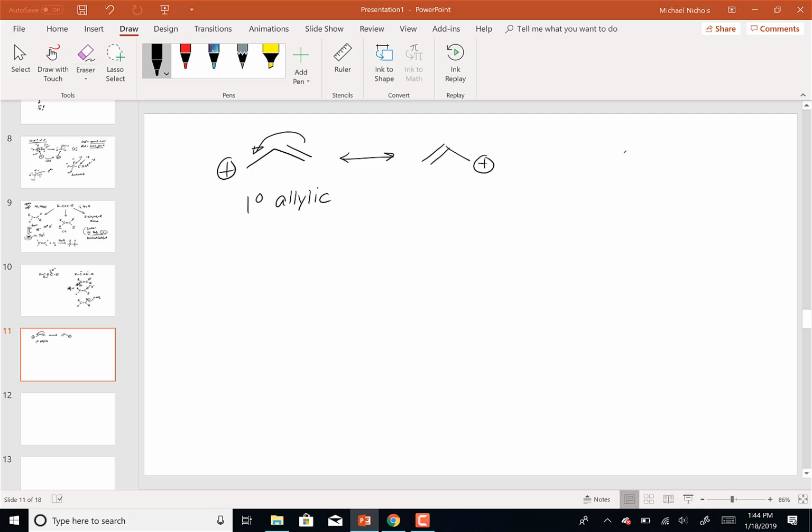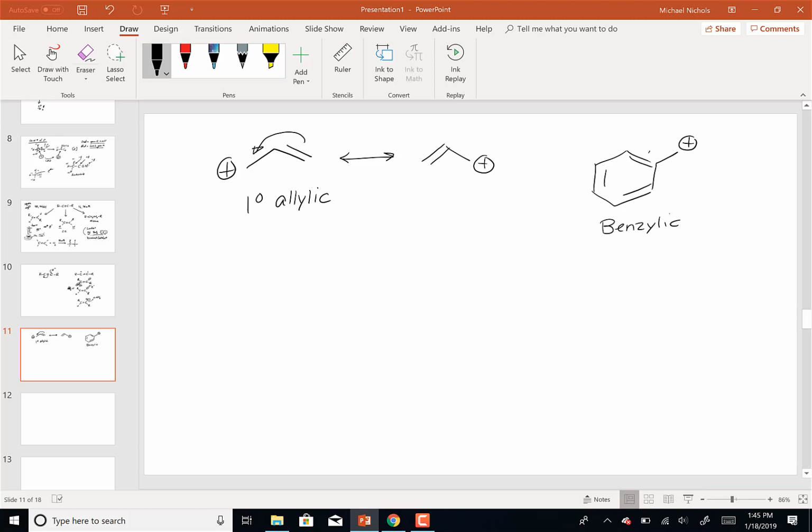And then I'll just throw this in. Benzylic is like allylic, it's just when the plus charge is next to the benzene ring. And we can draw resonance structures for it as well.